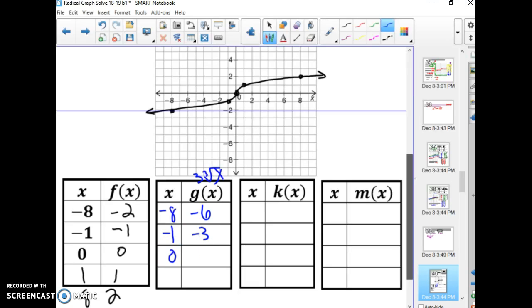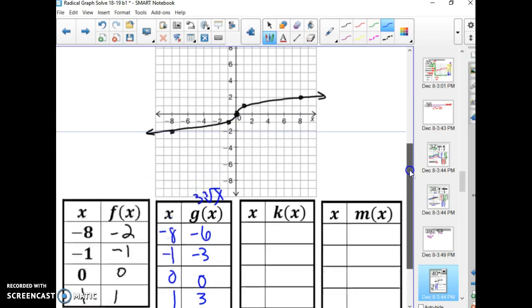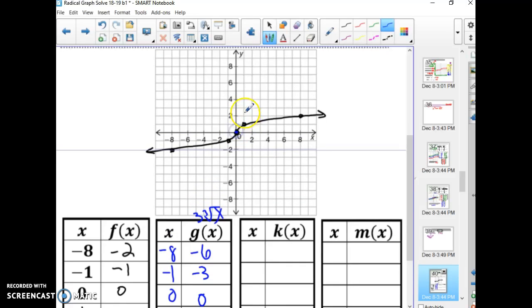If I put in a 0, third root of 0 is 0. 0 times 3 is 0. If I put in a 1, third root of 1 is 1. 1 times 3 is 3. If I put in an 8, third root of 8 is a 2. 2 times 3 is a 6. So I get those points right there. Okay? So 0, 0, 1, 3, 8, 6, -1, -3, -8, negative what? 6.